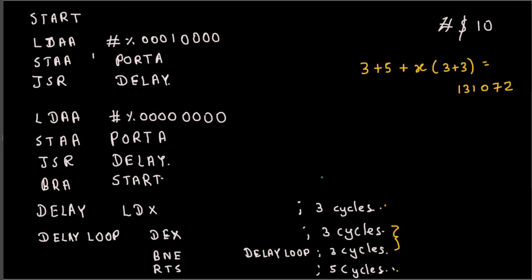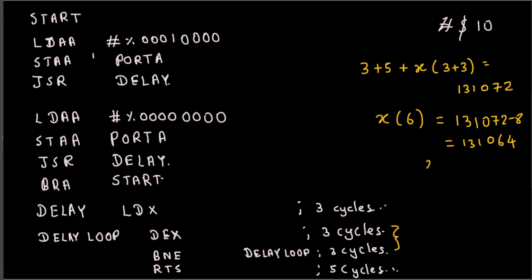There are some other things, but first we have to decide whether this is good enough or whether I have to add something extra. It's good enough if we don't get a fraction for the X value. So if I solve for this, it's X times 6 equals 131,072 minus 8. That's going to be 131,064.